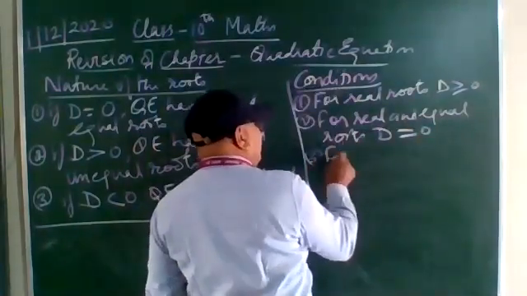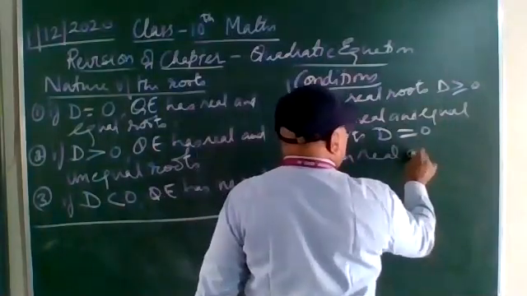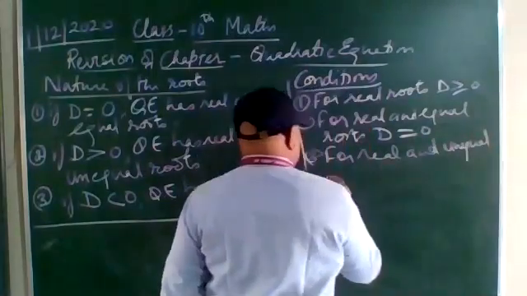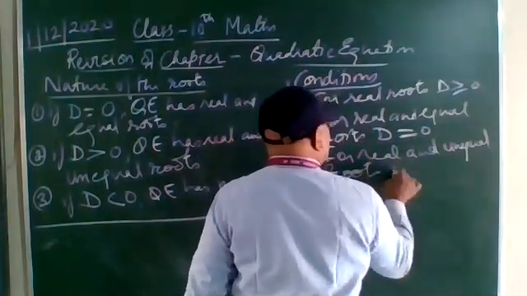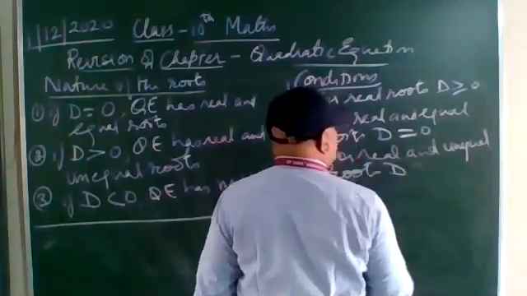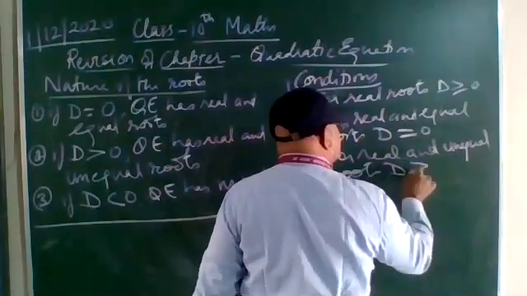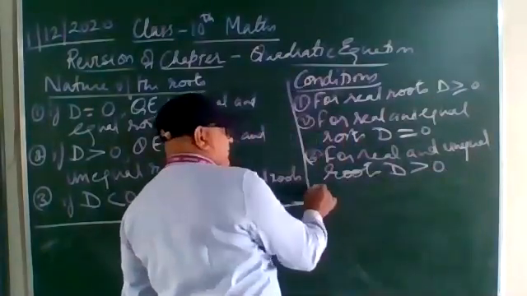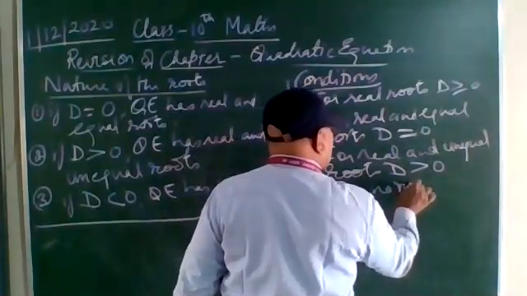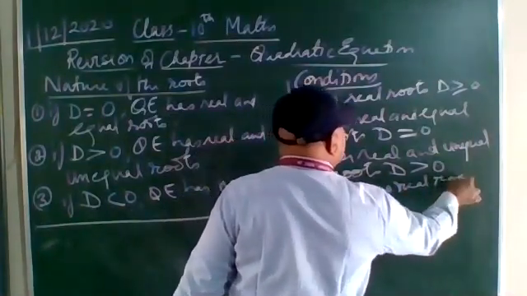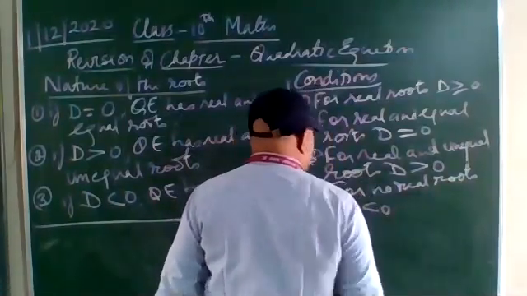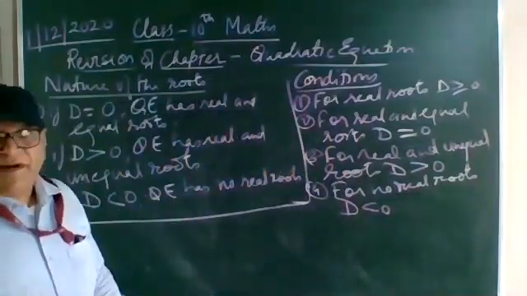Third, for real and unequal roots, D greater than 0. Fourth, for no real roots, D less than 0. There are 4 conditions to find the value of k.